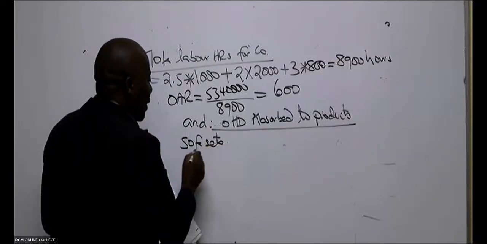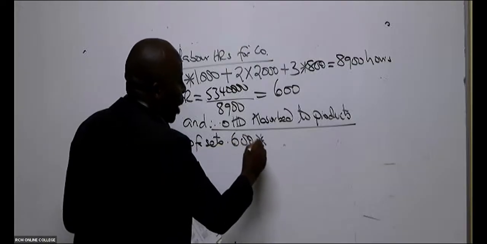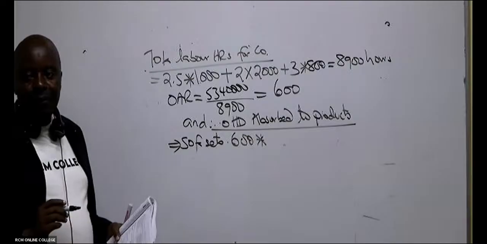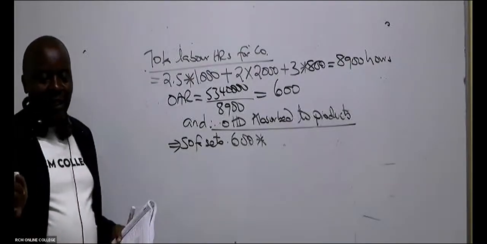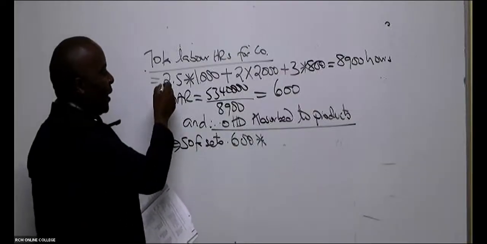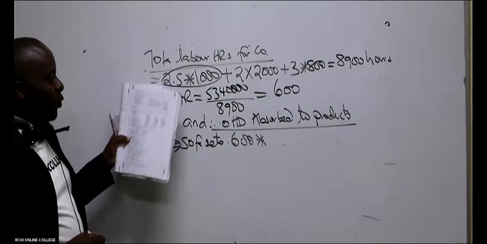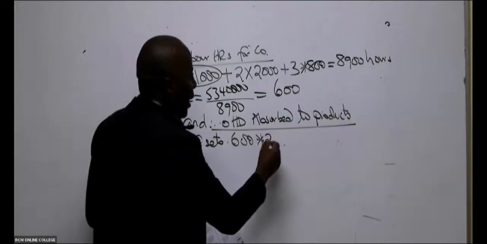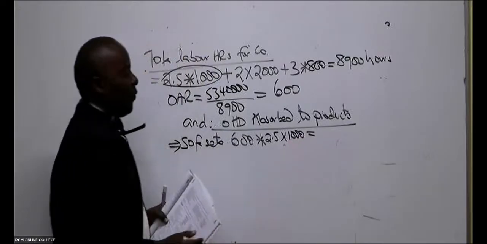So for sofa sets, we know that we are absorbing 600 for each hour. But how many hours do we need for all sofa sets? The number of hours we need for sofa sets are here. Do you remember them? So times 2.5 times 1,000. Can you kindly give me this figure?